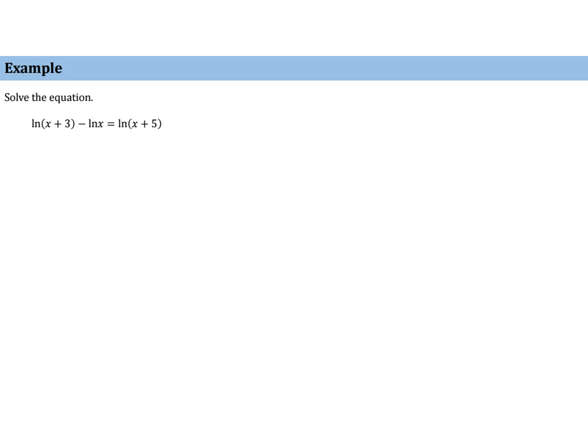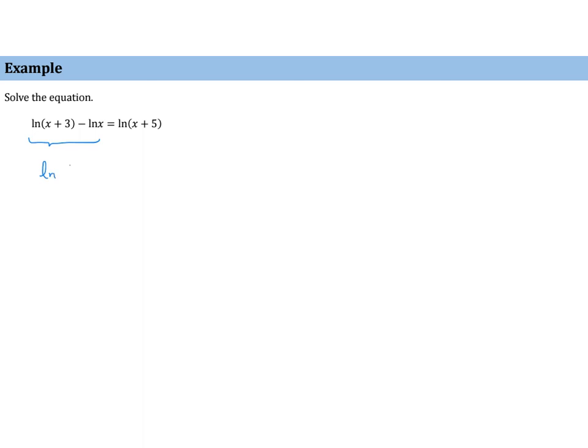Here we have multiple logarithms. In particular, we have 2 logarithms on the left-hand side. So we can't jump straight to using the 1-to-1 property, because that would mean that we would have just a logarithm equals a logarithm. So can we take this left-hand side and rewrite it so that we only have one logarithm? Yes, let's condense it. And so we are subtracting 2 logarithms.